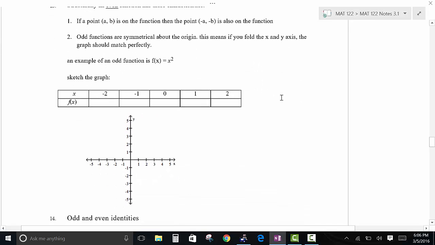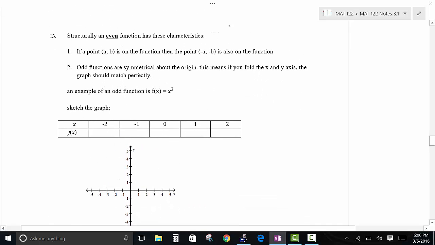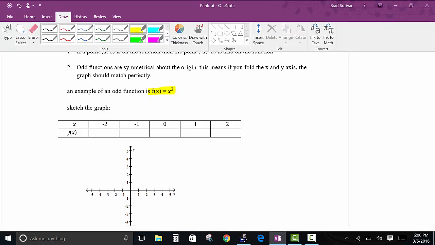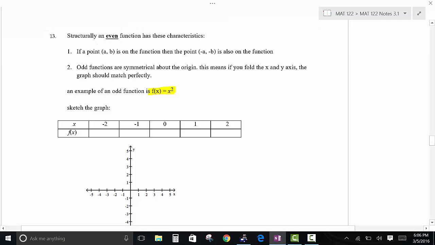Let's do an example of a simple even function by applying the same process. So I'm going to look at the function f of x equals x squared and analyze that a little bit. So even functions have this characteristic. If you have a point, then if you take, and this is wrong, so I need to correct this, you should have a point negative a, b.